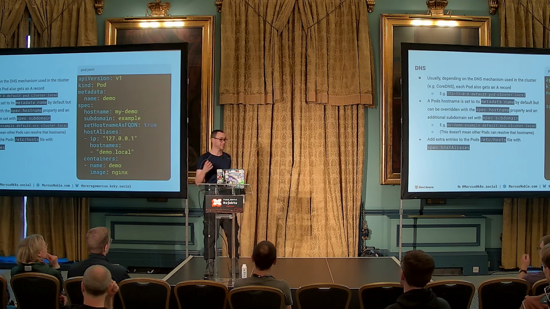That's CoreDNS or whatever is responsible for that. So even if you set host name to my super cool host name, other pods within your cluster will still see it via the name of the pod because CoreDNS is responsible for that. Yeah, I hate that as well. I don't understand it. If somebody can explain to me why that is good, great, I'd love to hear.